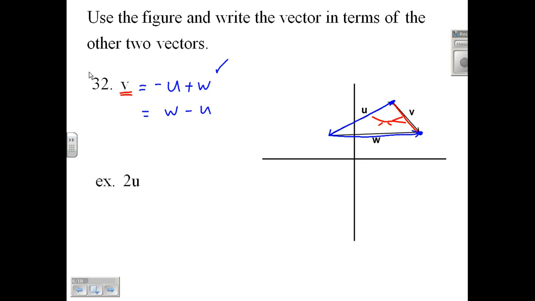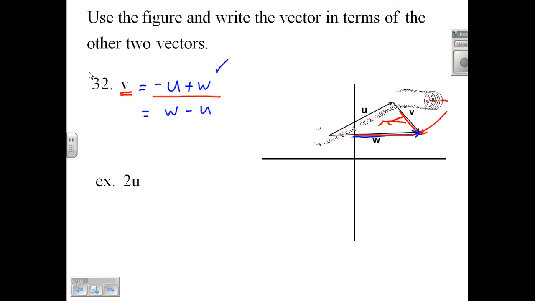That would be representative of starting here, going out w, and coming back this direction, our u value, and we create these parallelograms. But I think this is the most clear one. Why not just start here and track there? We go this way, we go this way. That's minus u plus w. Okay, and then it's just an example problem.